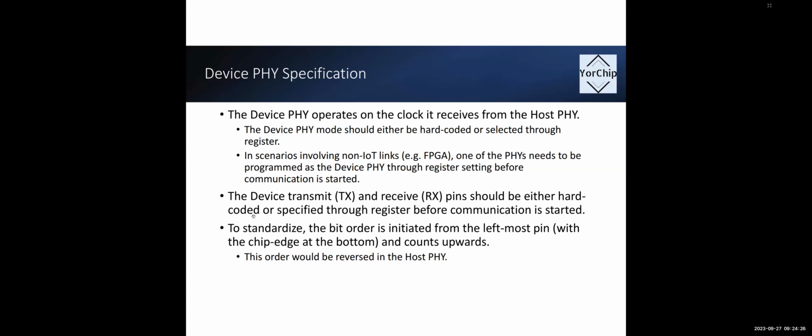So the next step is that the transmit and receive pins on the device should also be hard-coded or register-set before the communication is started. That's another thing that makes things a bit easier, because if you're on the device side, you somewhat know, as the designer of the system, how many bits you want to receive and how many bits you want to transmit. So most of the time it would be hard-coded.